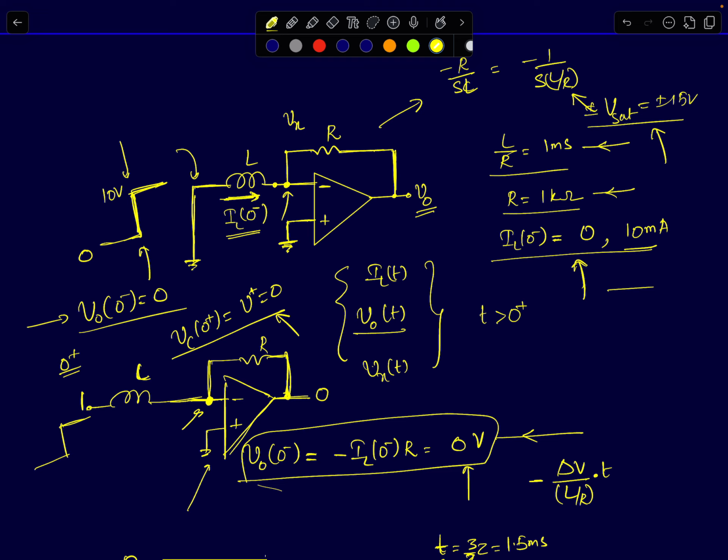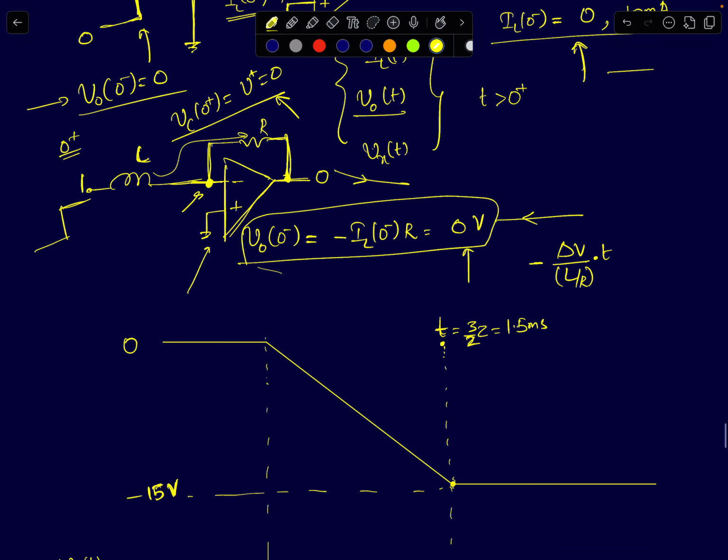That current flows through the resistor, so the output voltage will slowly start decreasing. It's an inverting integrator. You can find the expression for it: the output will be minus 1 by RC times the integral of Vi dt. Since the input is a step, it starts from 0.